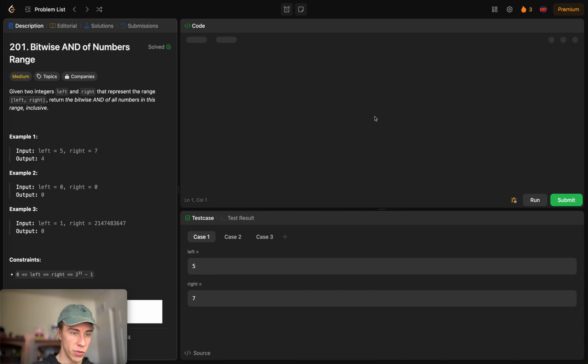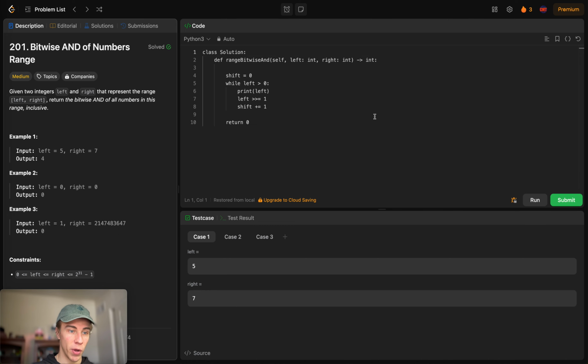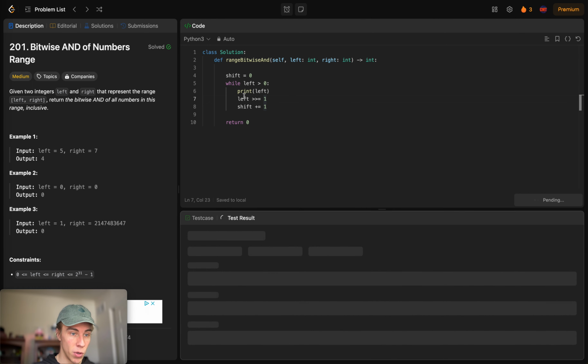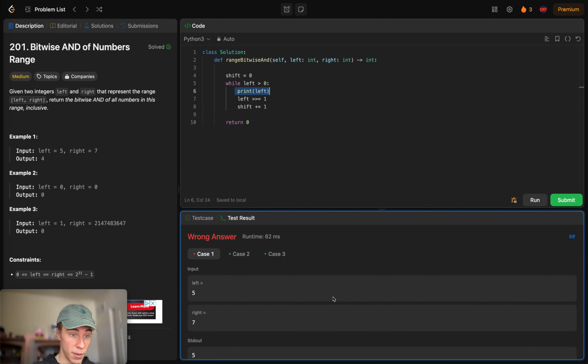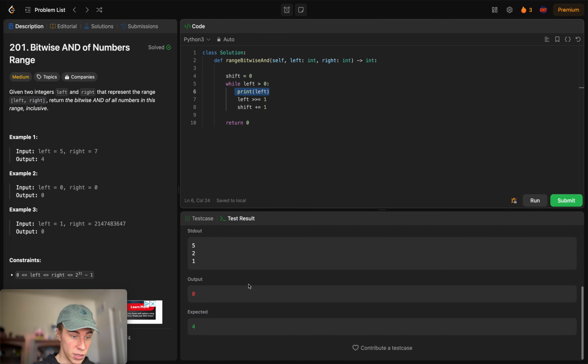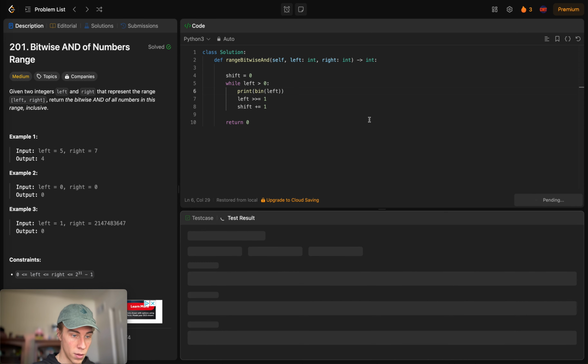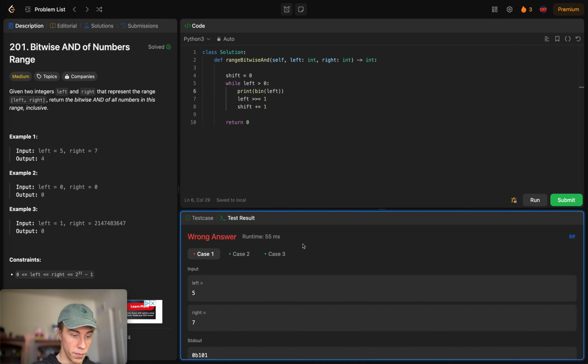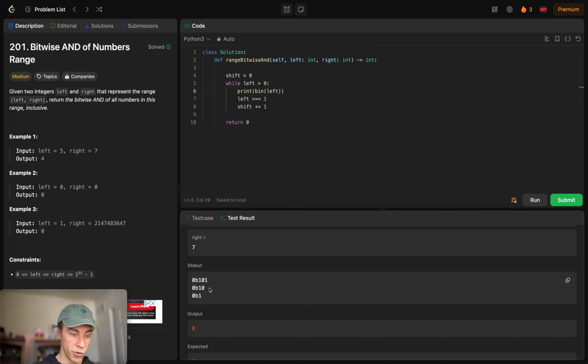While left is greater than 0, I'm going to shift it right, which means basically divide by 2, until we get to left equal to 0. We're also going to print left each time, and so I should see 5, 2, 1, but in binary format, this would be 1, 0, 1, 1, 0, 1.